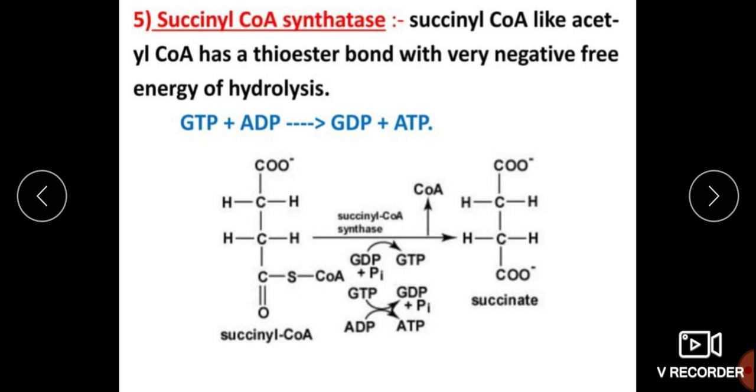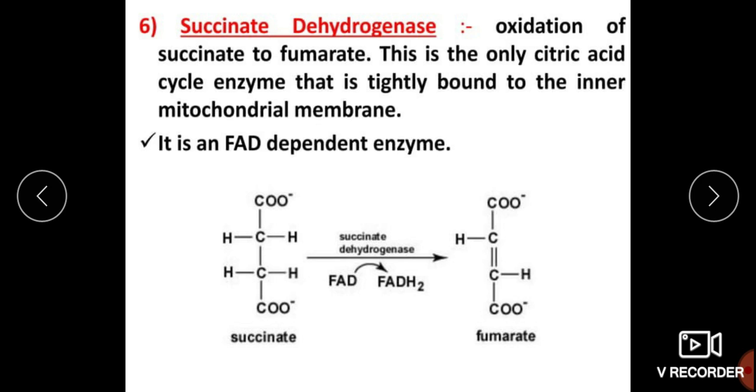So the energy present in the thioester bond is converted into a phosphoanhydride bond in GTP. The succinyl coenzyme A gets converted into succinic acid by removing the CoA group from succinyl coenzyme A, and this leads to formation of GTP. This is an example of substrate level phosphorylation.